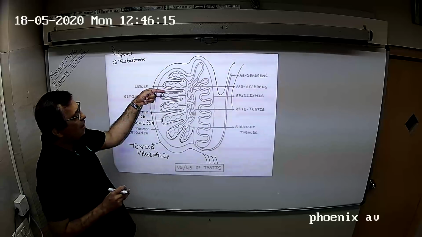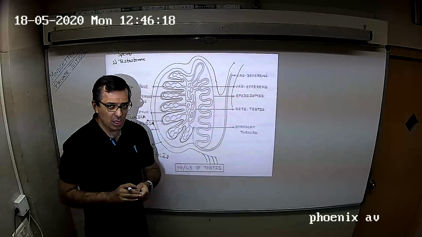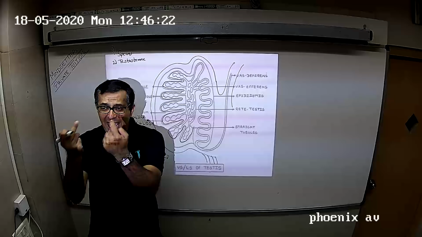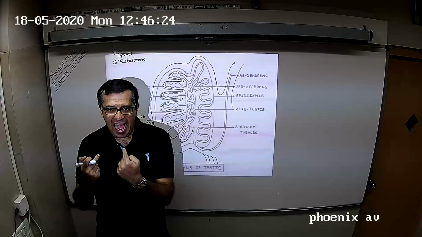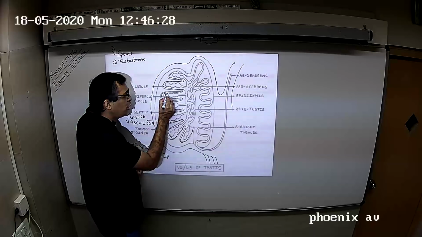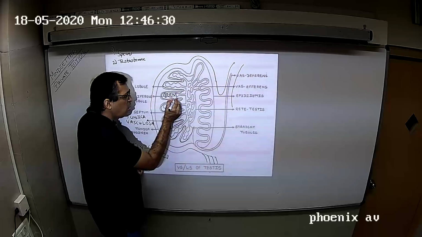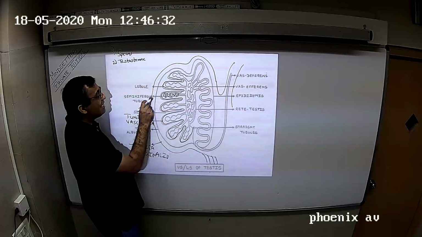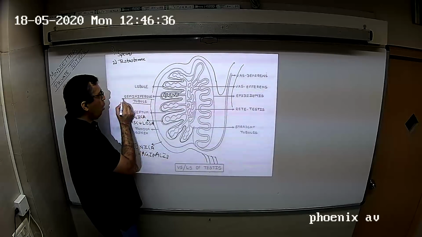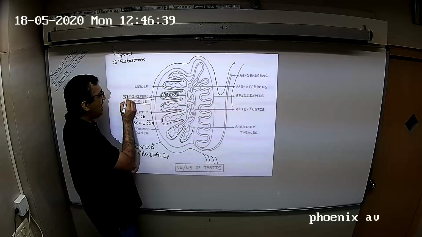And we remember there are lobules. How many lobules do we remember? 250. Each lobule has in it highly coiled tubes which are called the seminiferous tubules. What are the coiled tubes called?